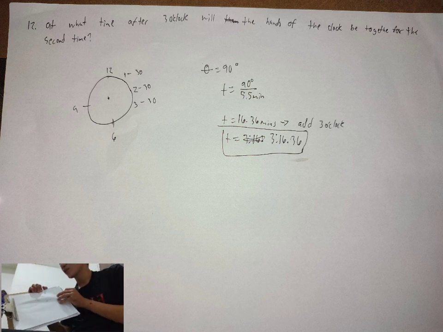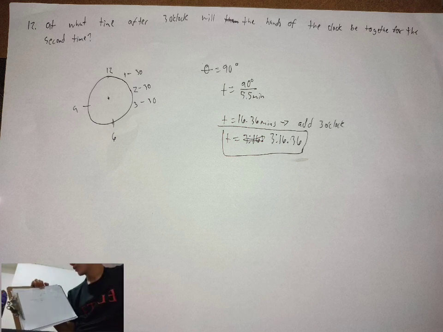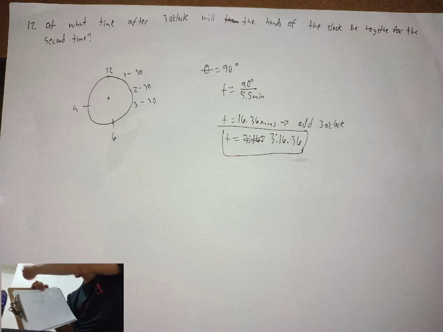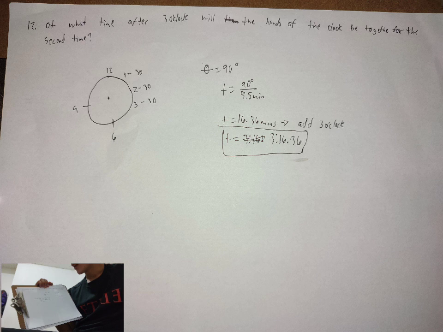So let's move on to number 12. Here in number 12, at what time after 3 o'clock will the hands of the clock be together for the second time? So here, theta is equal to 90 degrees. So time is equal to 90 degrees over the constant value of 5.5 degrees per minute, plus 5.5 minutes.